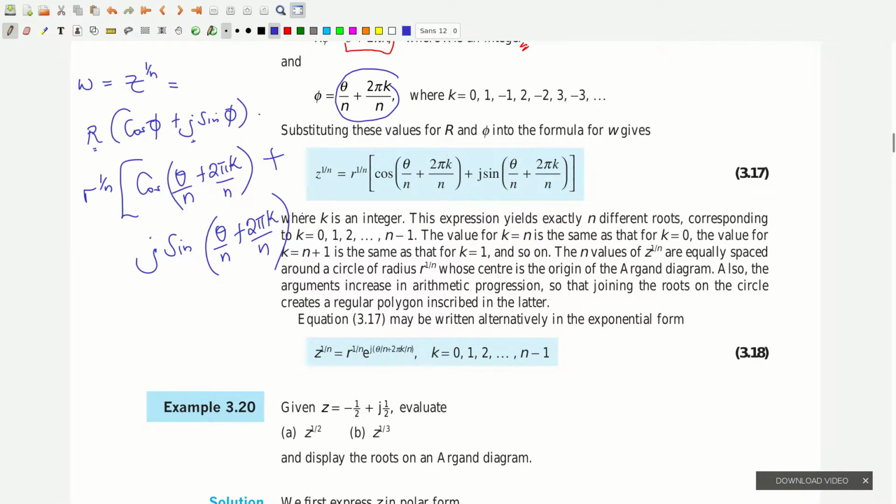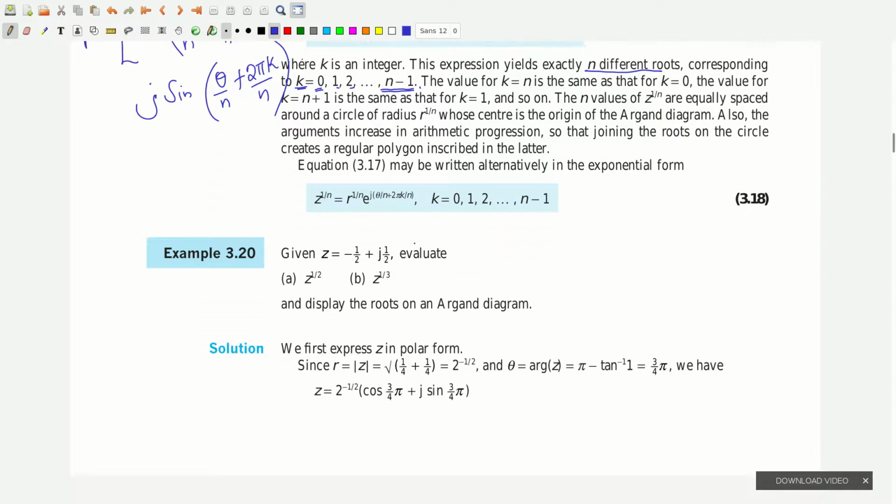One important thing to note is that k is an integer. We have already mentioned that, but since we are finding the nth root, this expression yields exactly n different roots corresponding to k ranging from 0, 1, 2 up to n minus 1. That is important to note.